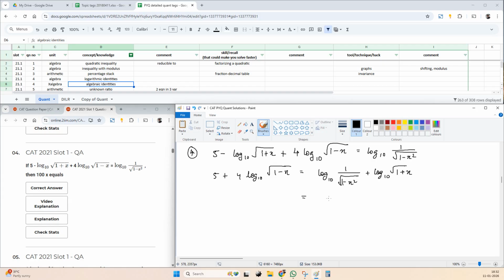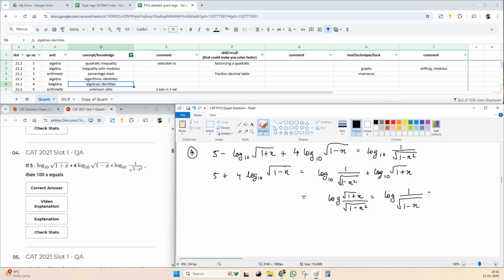and so you can make that log of root 1 plus x divided by root 1 minus x square, which is just going to be log of 1 by root 1 minus x, because this is 1 minus x into 1 plus x, and the 1 plus x part would cut with the part in the numerator.